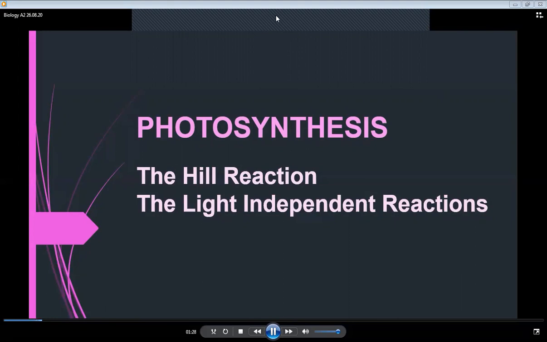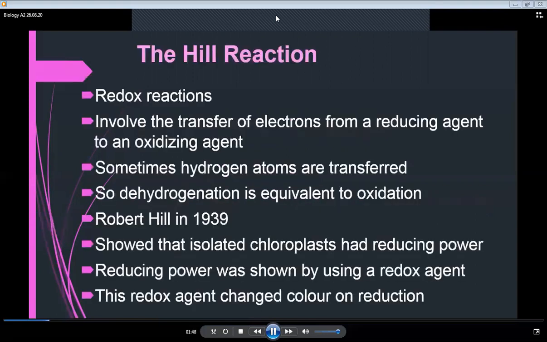And remember that the photolysis of water can be investigated by the Hill reaction. So today we are going to talk about what the Hill reaction is and what happens in the light independent reactions of photosynthesis.